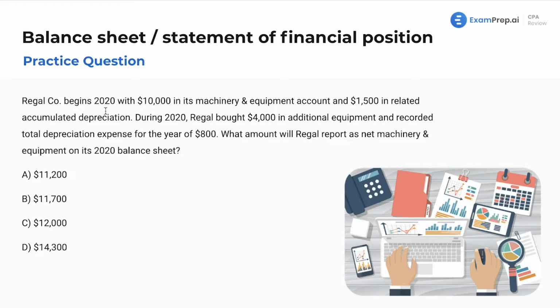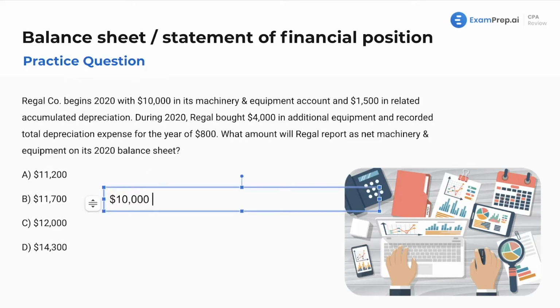Regal begins 2020 with $10,000 in its machinery and equipment account and $1,500 in related accumulated depreciation. All right. Well, we said net machinery and equipment, or net PPE, or net fixed assets. That is going to be what? That is going to be our base amount, so $10,000, minus accumulated depreciation.